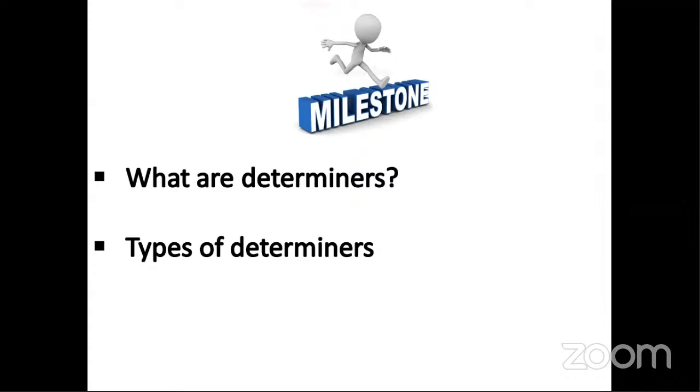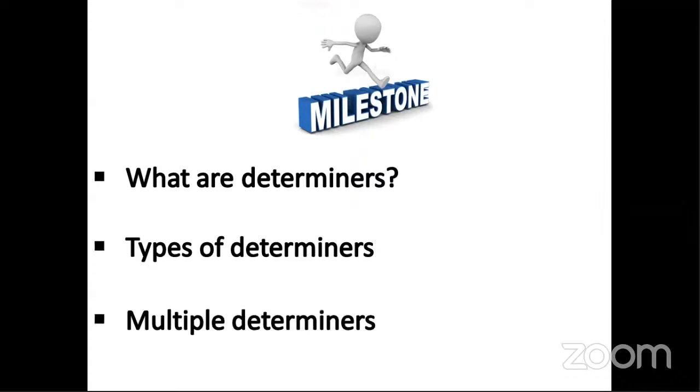Then the quantifying determiners could be numeric, ordinal or cardinal numbers, or quantifiers like some, many, several, all, both.